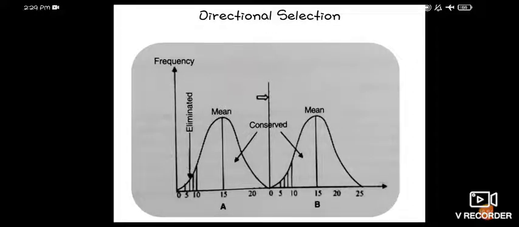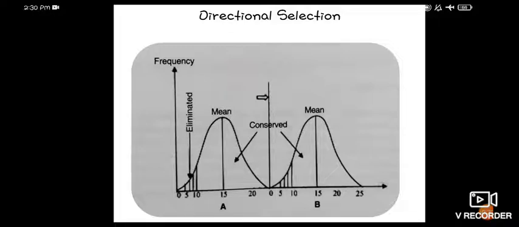If we draw this kind of directional selection graphically, the individuals having non-modified or non-acquired characters get eliminated, and the modified characters according to the environment get selected by nature.